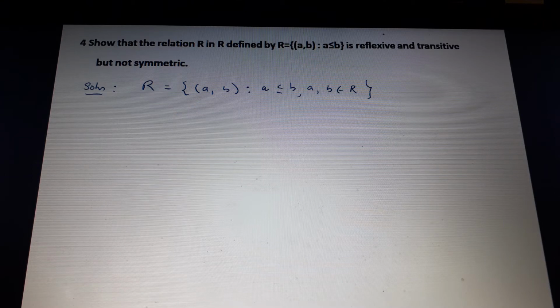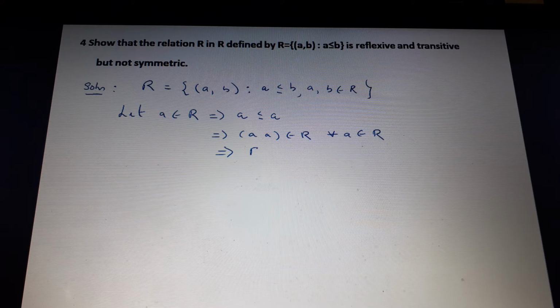Now first, it is reflexive because let a belong to R. This implies a is less than or equal to a. So given any real number, a less than or equal to a is true. So this implies (a, a) belongs to R for every a belonging to the set of reals. So by definition R is reflexive.